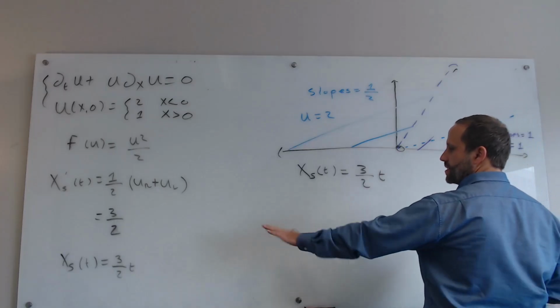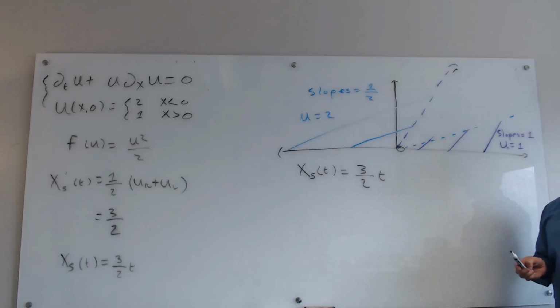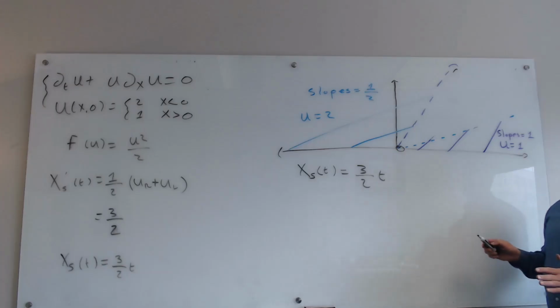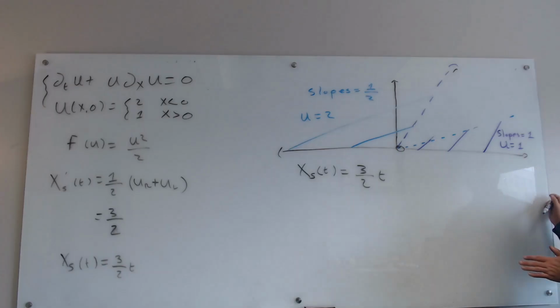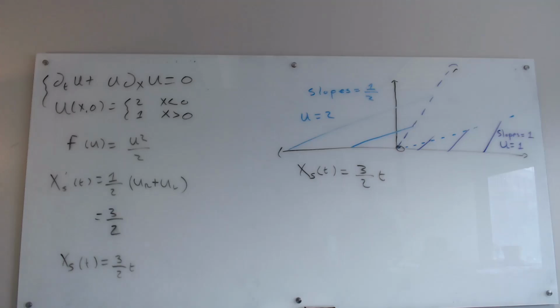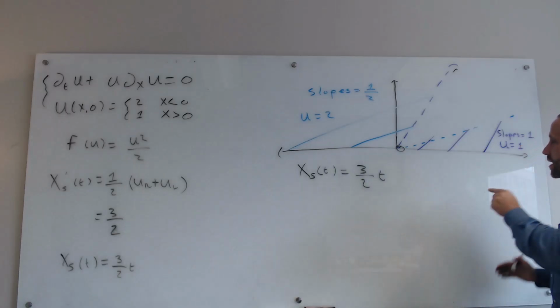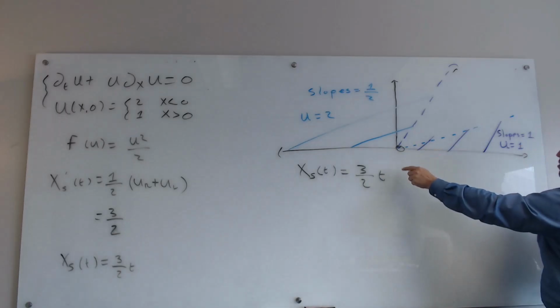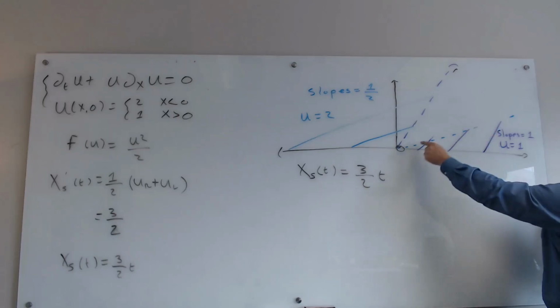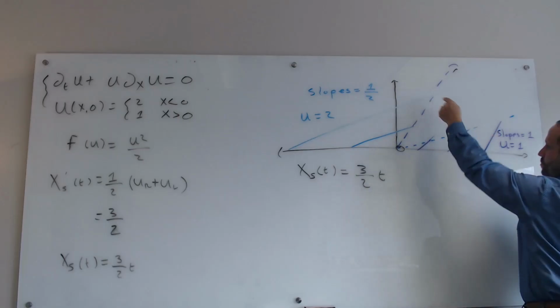Not t equals 3/2 x. T equals 2/3 x. I don't know why I'm having trouble with this all of a sudden. It's going to be t equals 2/3 x, so the slope is going to be bigger than this slope here, which is 1/2, and smaller than that slope.